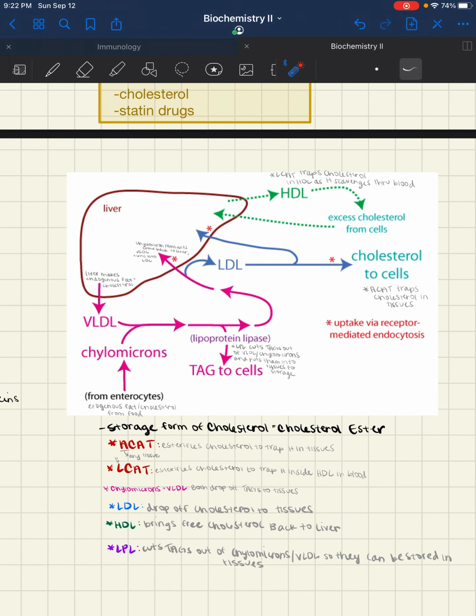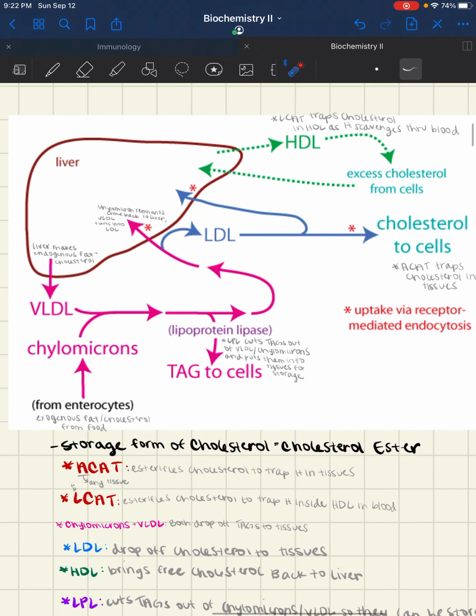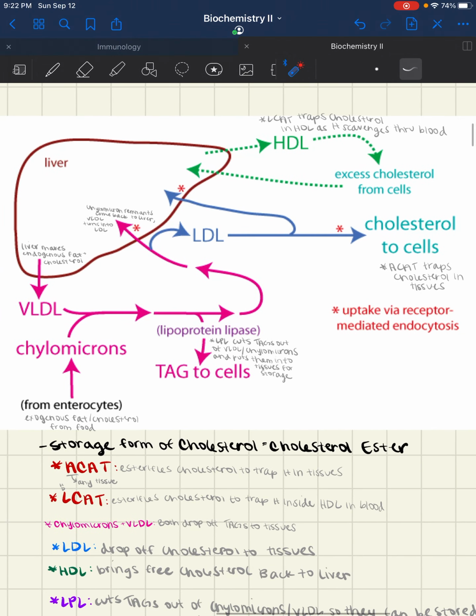Now, this part is where it gets confusing, so I hope I could clarify this for somebody. So, we either eat fat and cholesterol from food, or we make it in the liver. So if we make it, it's known as endogenous fat. And if we eat it, it's known as exogenous fat.